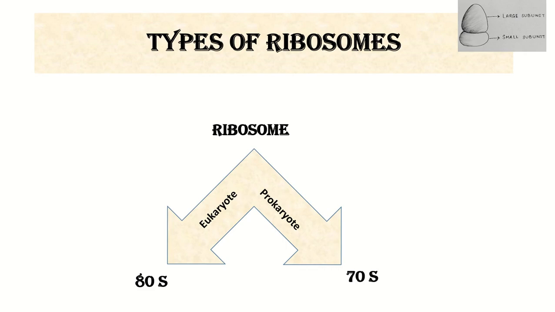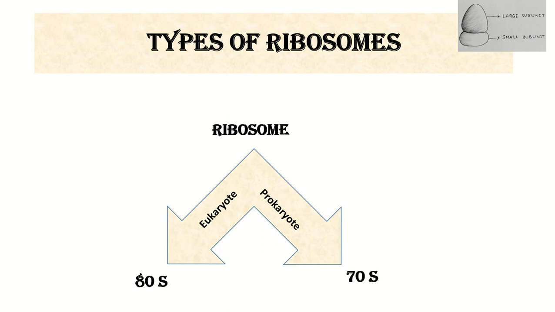Now let's come to the various types of ribosome. Both eukaryotes and prokaryotes are found to contain ribosome in their cell. Eukaryotic ribosomes are 80S and prokaryotic ribosomes are 70S.